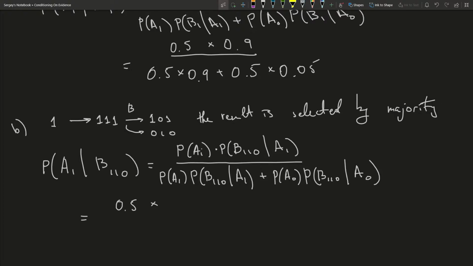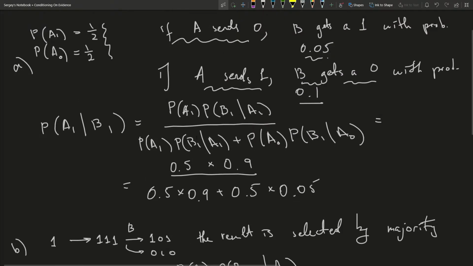Now the probability that Bob receives the message 110: well, if Alice sends a 1, that 1 gets tripled. So Alice sends across the wire the message 111. Now the probability that Bob receives the first 1 correctly is 0.9, as we can see here.